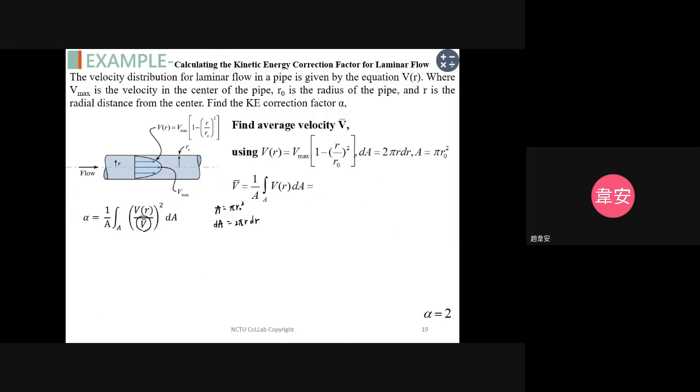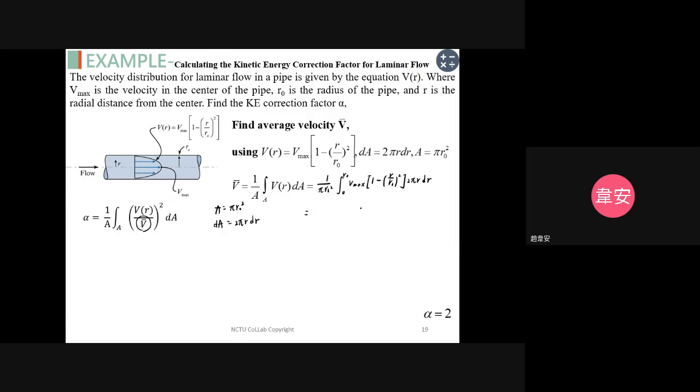So we put A and dA back into the equation, and then compute the mean flow velocity. We put in 1 over pi r0 squared, and we do the integration. v(r) is v max times 1 minus (r divided by r0) squared, and dA is 2 pi r dr. Because the domain is changed to radial, we have a radial integration from 0 to r0.